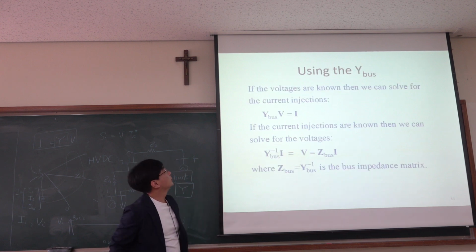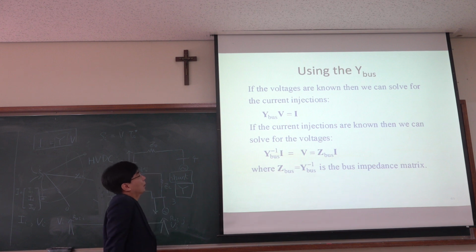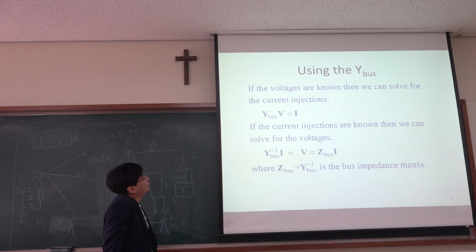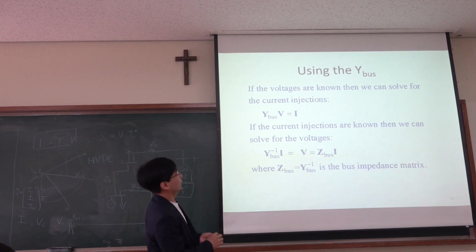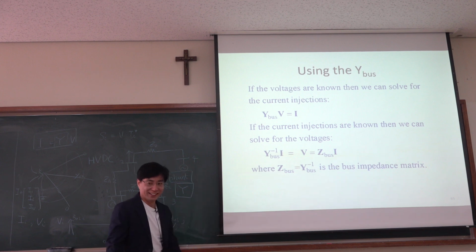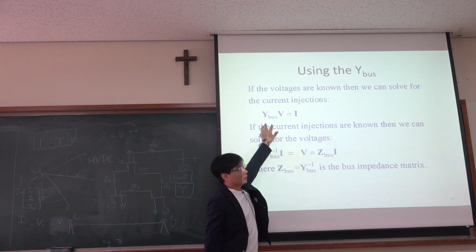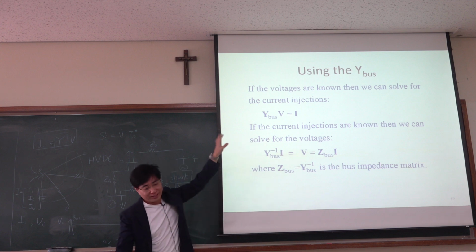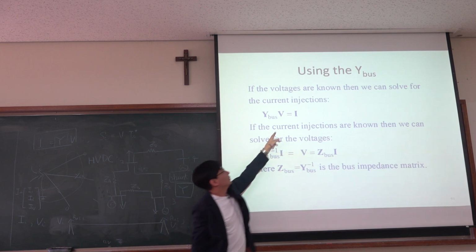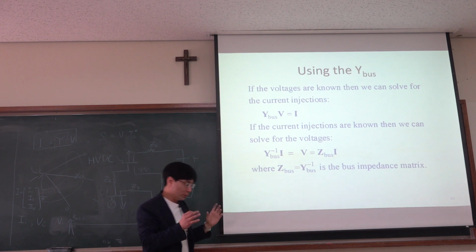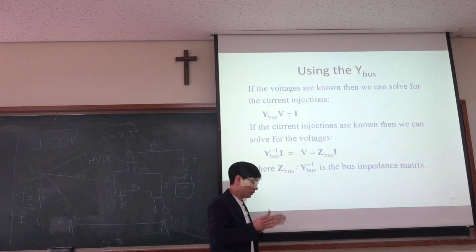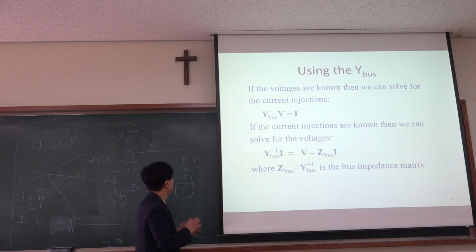Using the Y bus, if the voltages are known, then we can solve for the current injection. Typically this Y bus matrix is given. And if we already know the complex voltage V, then we can compute the current injection at all nodes, right?